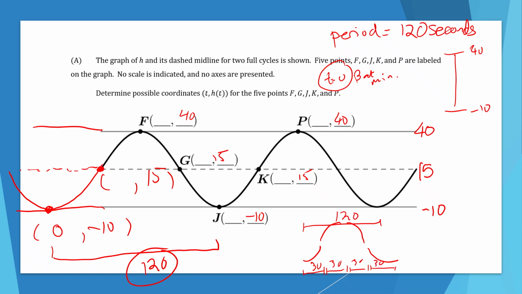So here we're going to go from 0, and let's count by 30s. 30, 60, 90, and then perfect, it comes back to 120. Continue to count by 30s because the period won't change. So this should be 150, 180, and then 210, 240, and so on and so forth if they wanted to continue that. But those should be our 5 coordinates there.